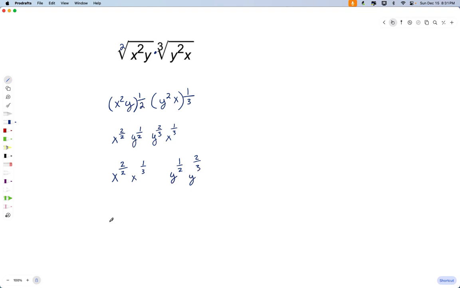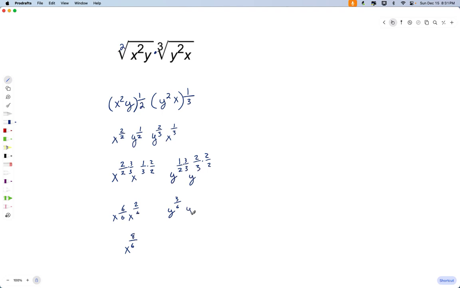So that gives me x to the 6 over 6, x to the 2 over 6, which gives me x to the 8 over 6, right? So this one, I'm going to do the same thing, times 3 over 3 times 2 over 2. So that gives me y to the 3 over 6 and y to the 4 over 6, which gives me y to the 7 over 6.